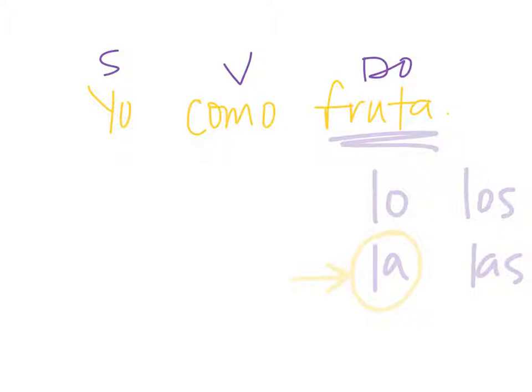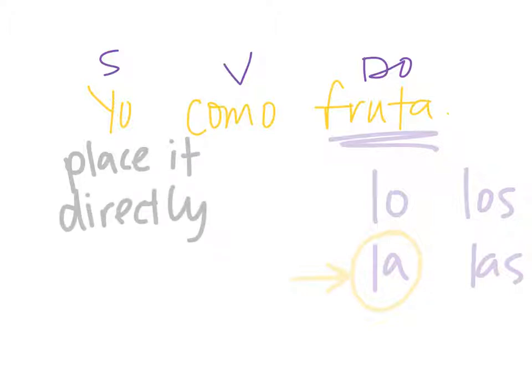But instead of just saying yo como la, you actually take the direct object pronoun and place it directly before the conjugated verb.